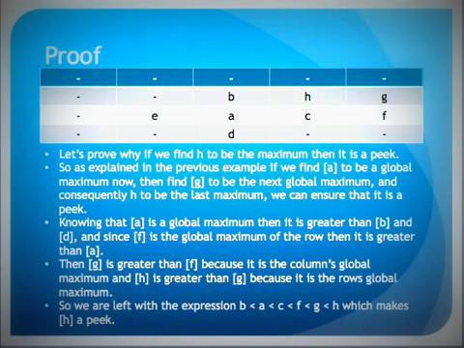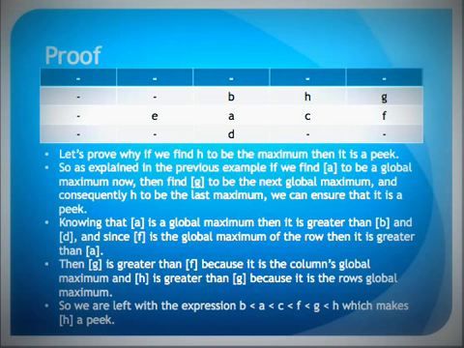So now we will look at the global maximum of the column that F lives in. So now we find that G is the global maximum of that column, and so on and so forth. So then we find that for that row, H is the global maximum.